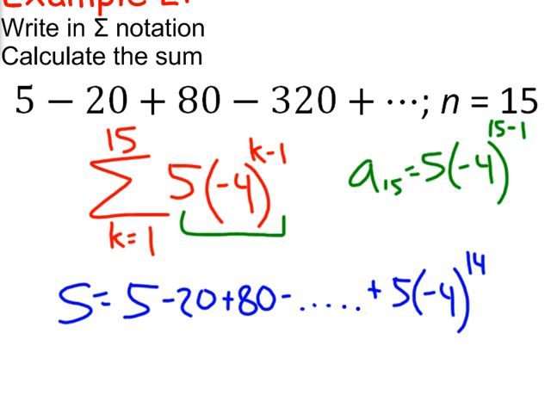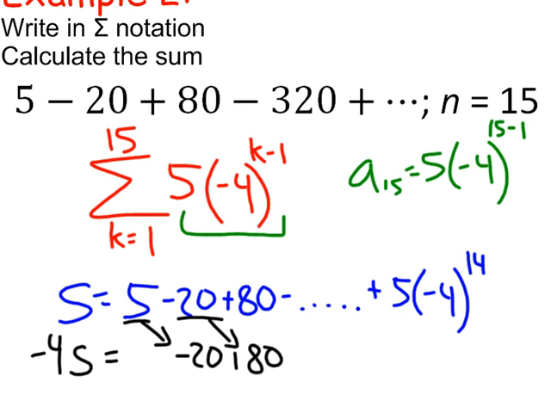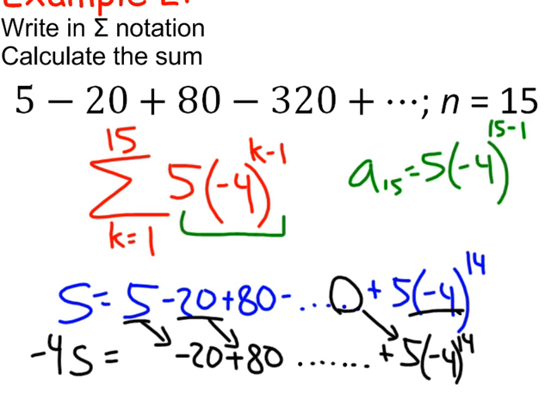I'm going to multiply by the common ratio, so -4s in this case. 5 times -4 would give me -20. So even though I have a negative common ratio, the same process still works. That would give me 80, and so on. The second to last term would give me 5 times -4 to the 14th. And then this last term would give me 5 times -4 to the 15th.